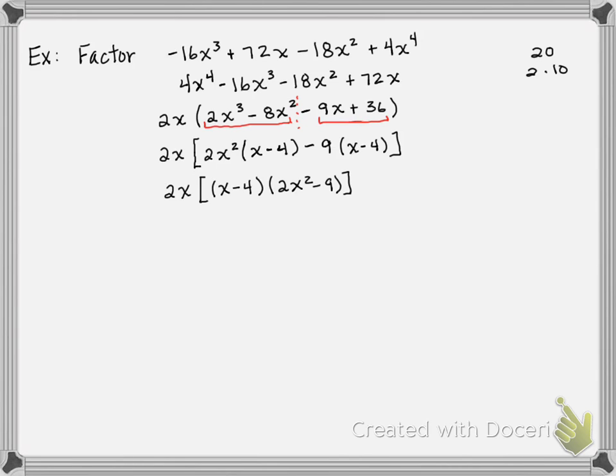In the previous step, I had this subtraction here, so I needed grouping. But here, this is all multiplication. So when you get to this final step, you don't actually need brackets to separate that 2x from what you get, because that's just all multiplication.